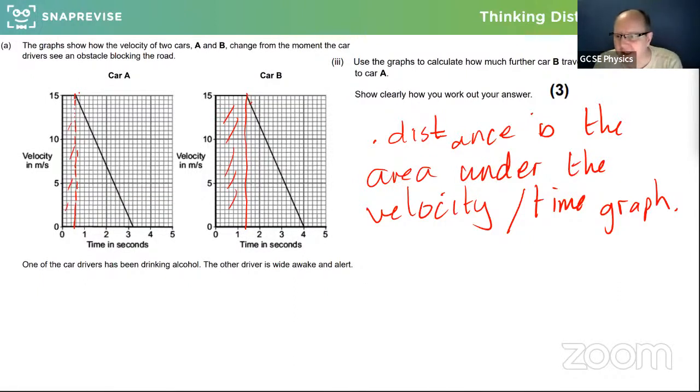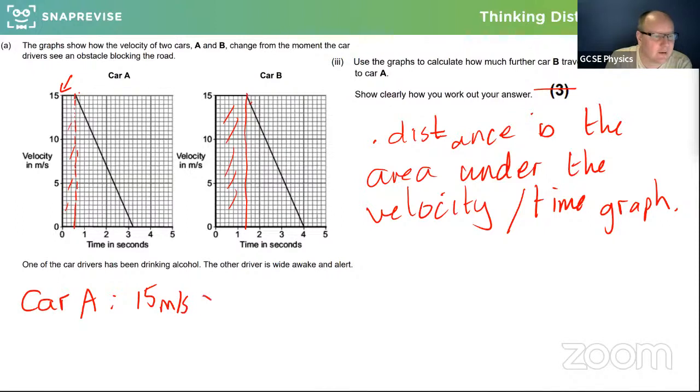Now the area under both of the triangles is the same because the cars are braking in the same way. So the difference in the time to stop here is entirely down to the reaction time and thinking distance of the cars. How much further does car B travel? Well, the area under the straight part of the graph here for car A is 15 meters per second times 0.6 seconds if we look on the graph scale on the x-axis there.